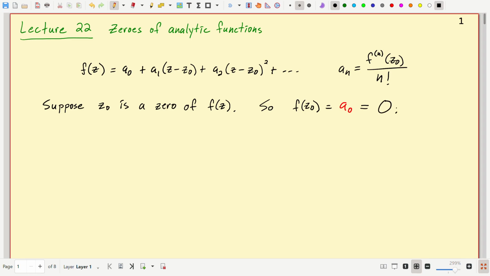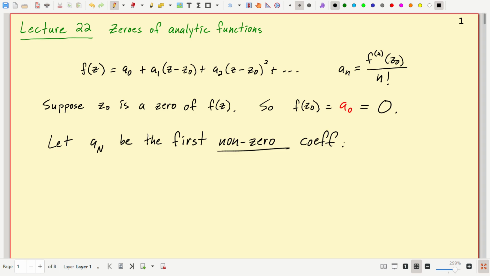So that power series starts with a 0, and maybe there's a few more coefficients that are 0. So we'll let an be the first non-zero coefficient in the power series.